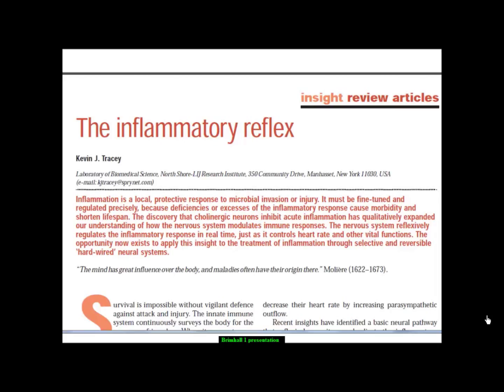It is related to almost all the inflammatory diseases that we see, from ulcerative colitis to lupus to any of the autoimmune diseases, and even some life-threatening situations like sepsis, which is the number one killer in hospitals today.